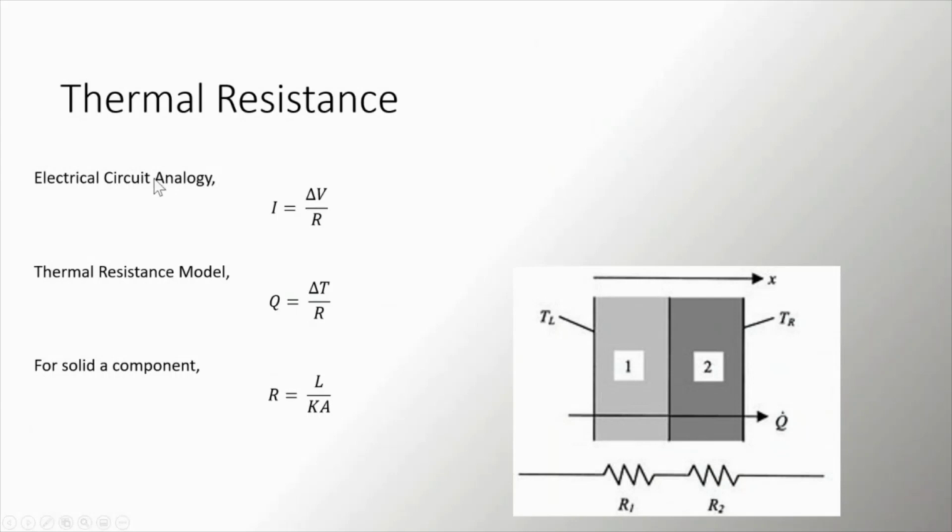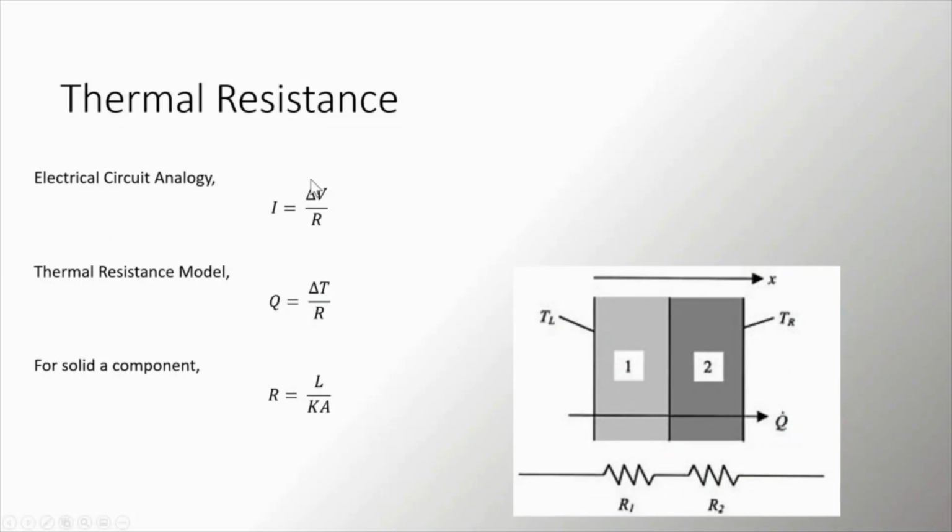Then comes the thermal resistance model. You all are familiar with the electrical circuit and this equation. The amount of electricity is proportional to the voltage difference, and it's inversely proportional to the resistance.